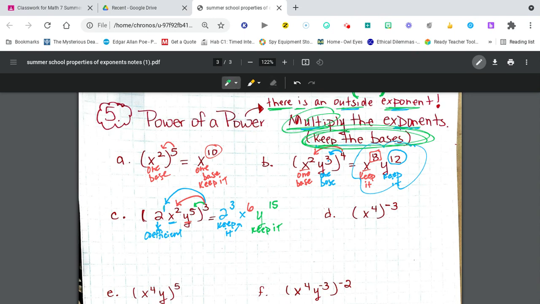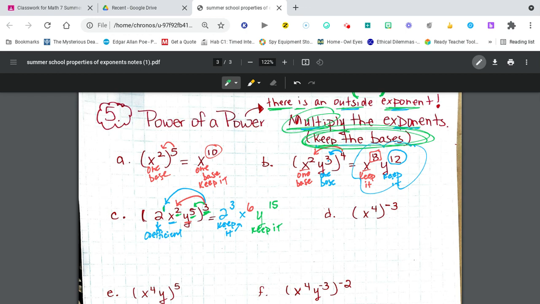So again, I multiplied the exponent of 1 by 3, the exponent of 2 by 3, the exponent of 5 by 3. That's all you do. For every base that you keep, multiply that base's exponent by the outside exponent.